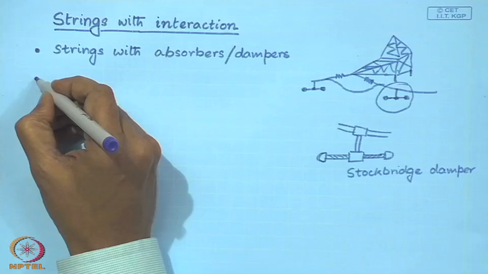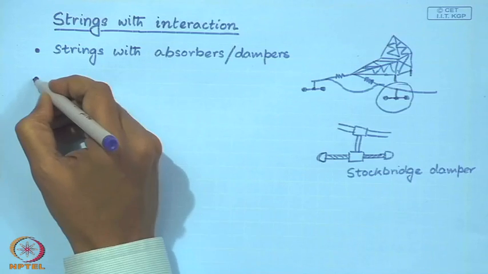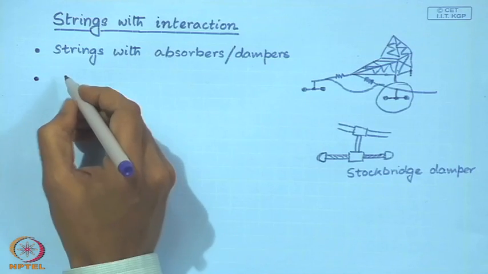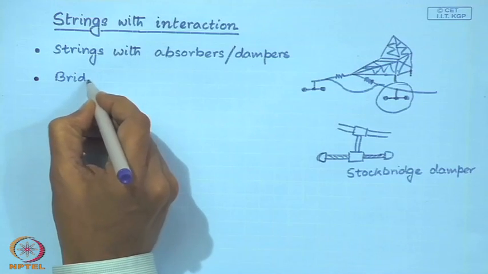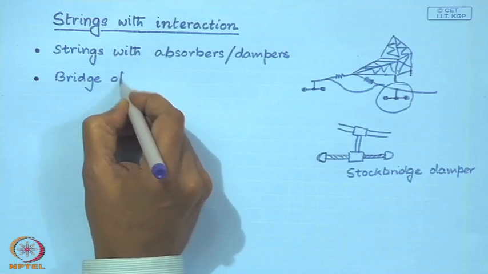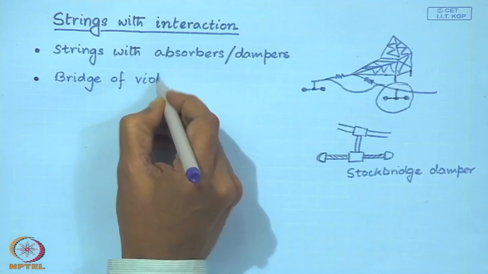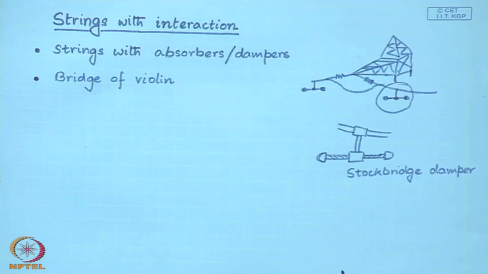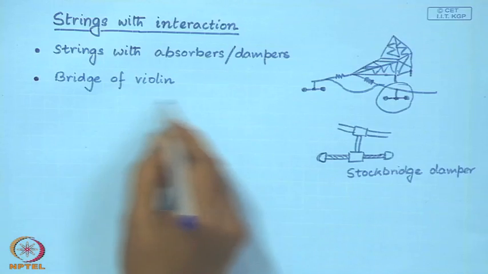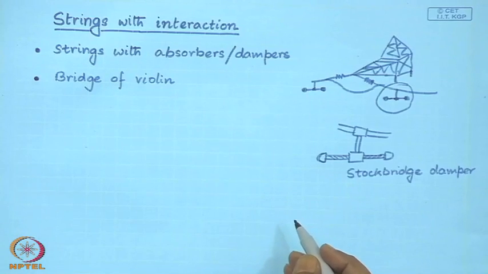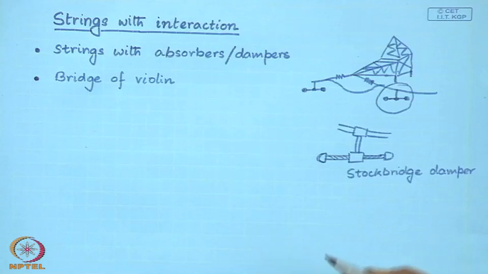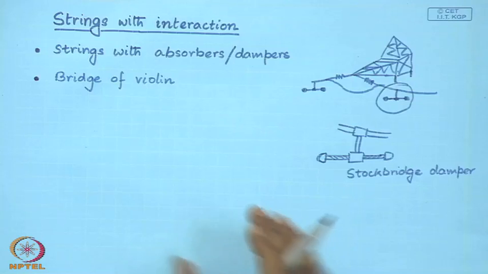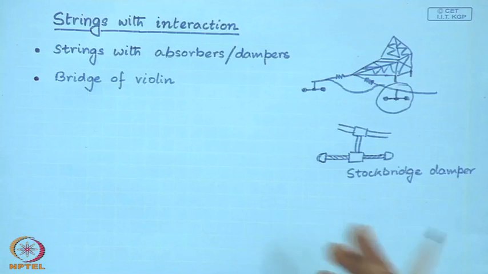Interaction with another system is also found in, for example, the bridge of a violin. The use of the bridge is to transmit the vibrations of the string to the soundboard or the main body of the violin, so that it can be amplified.